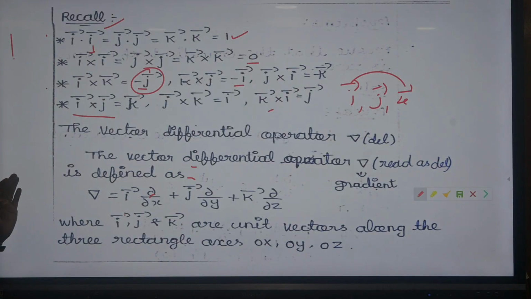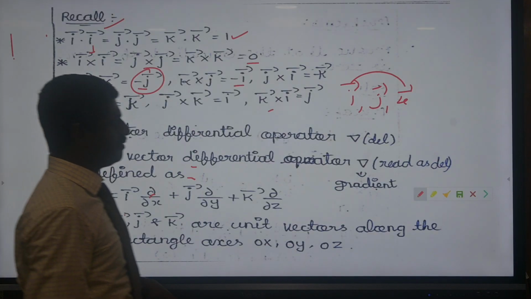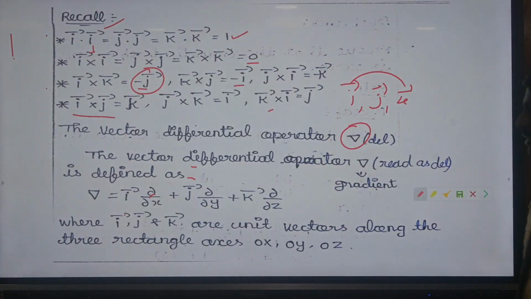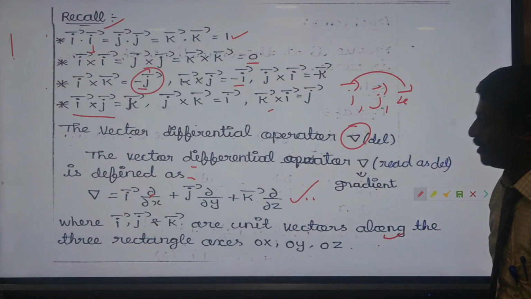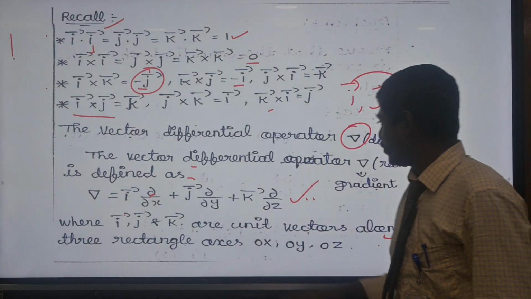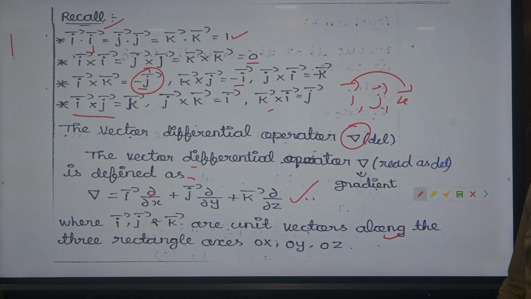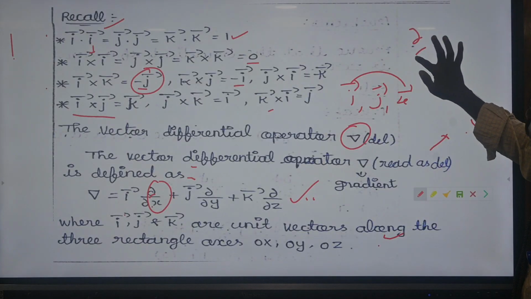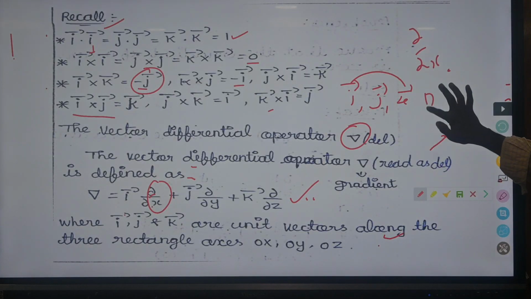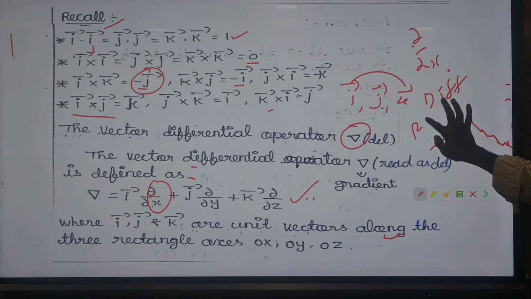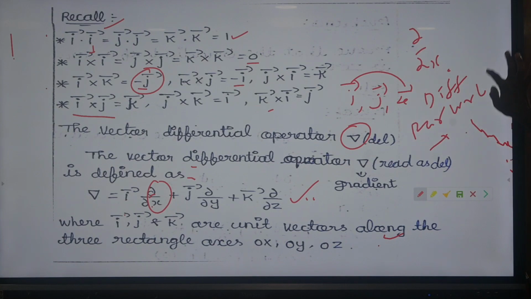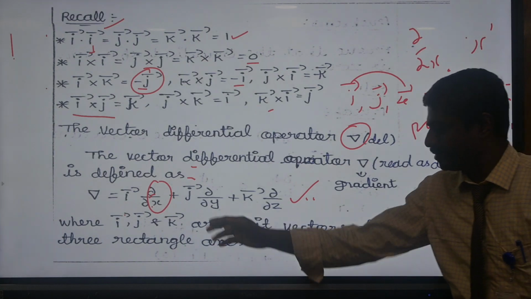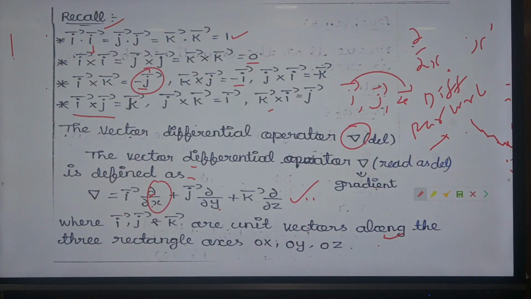Now what is the vector differential operator? We call it del. This is the notation of delta. The vector differential operator del is defined as del equal to i dou by dou x, which is differentiating partially with respect to x, similarly j dou by dou y with respect to y, and k dou by dou z with respect to z.